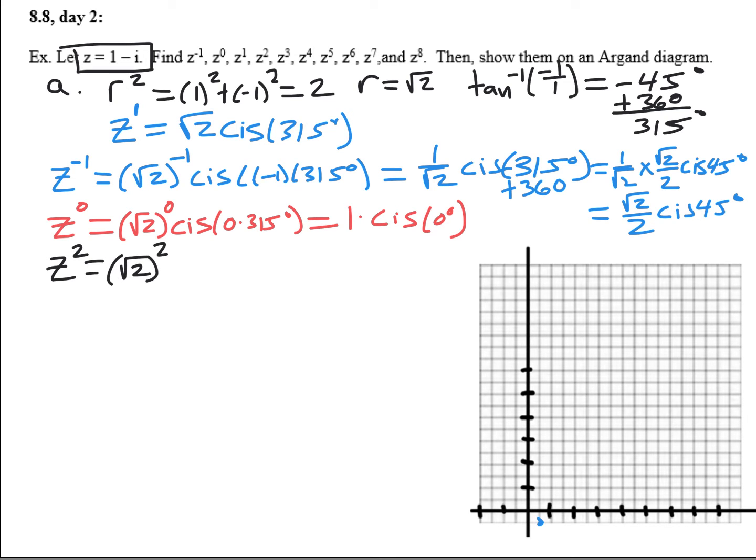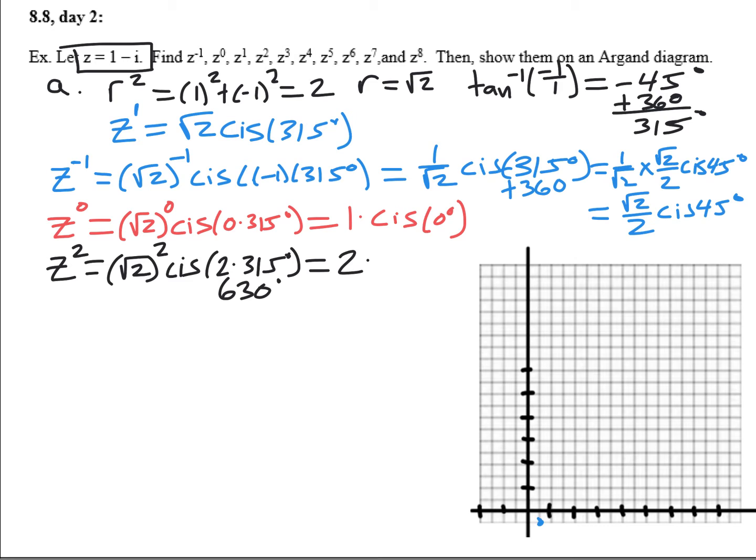Do z squared. R will be 2. Let's see here. This would be what, 630, I believe. Now we're not going to leave it like that.